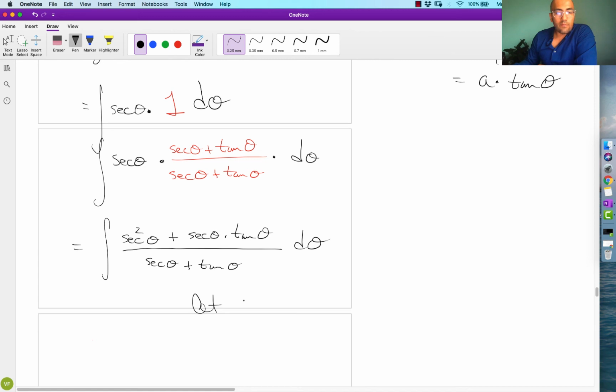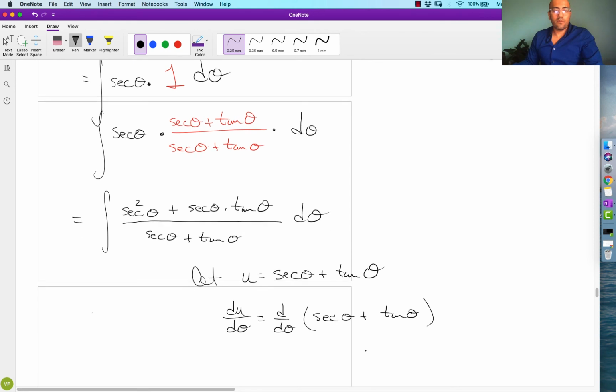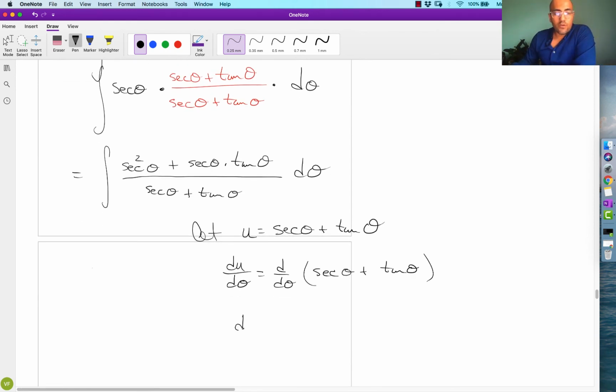Good. And now we're going to let u equal this denominator, secant of theta plus tangent of theta. So du d theta is equal to the derivative of secant theta, which is secant theta tangent of theta, plus the derivative of tangent of theta, which is secant squared theta.